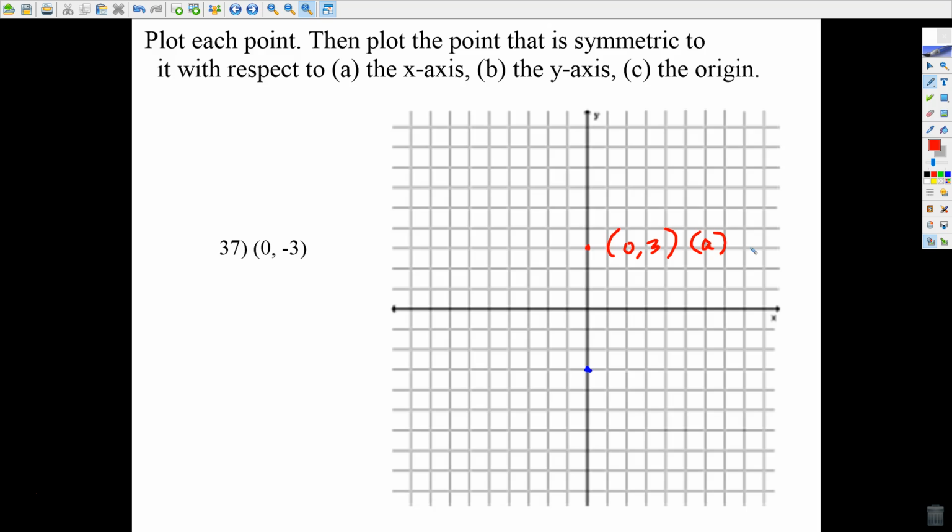I know it's not technically that, but it's literally splitting that point into mirror images of itself. So Stacy's exactly right. For part B, when this point falls on the y-axis, the point that would represent y-axis symmetry would just be itself.